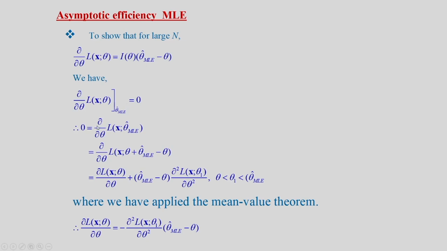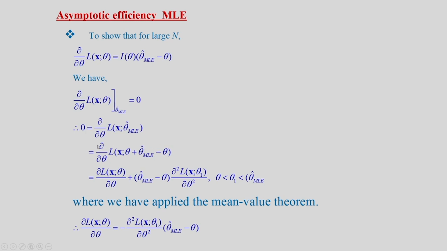Therefore, 0 will be equal to del L of x, theta hat MLE by del theta. Now, this theta hat MLE we can write like this, theta plus theta hat MLE minus theta, where theta is the original value of the parameter.